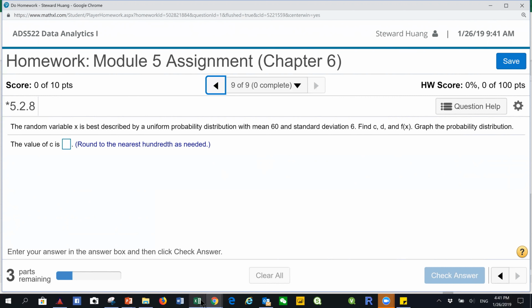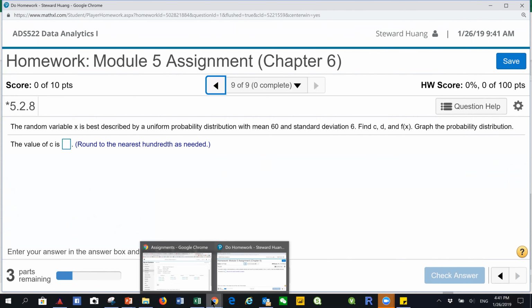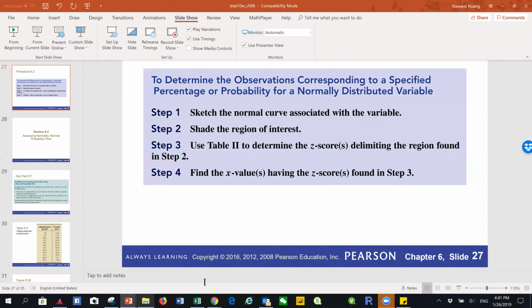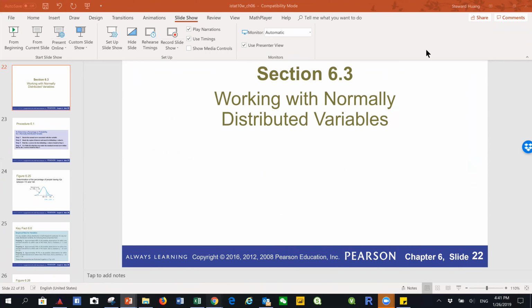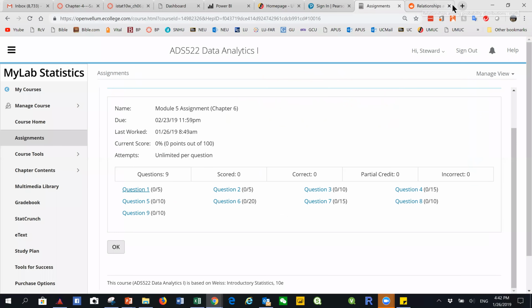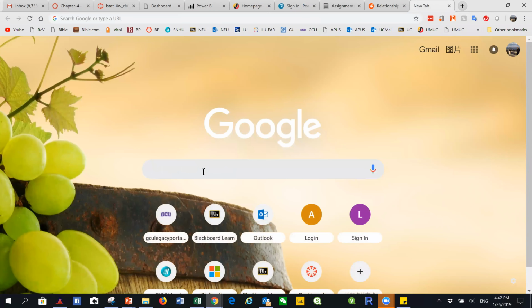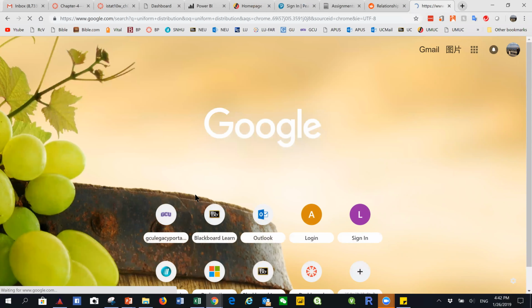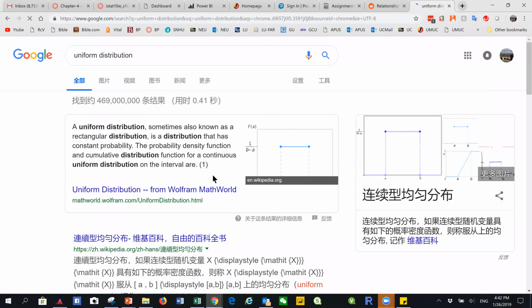For this, let me see, I don't think I have it. Okay, a uniform distribution.